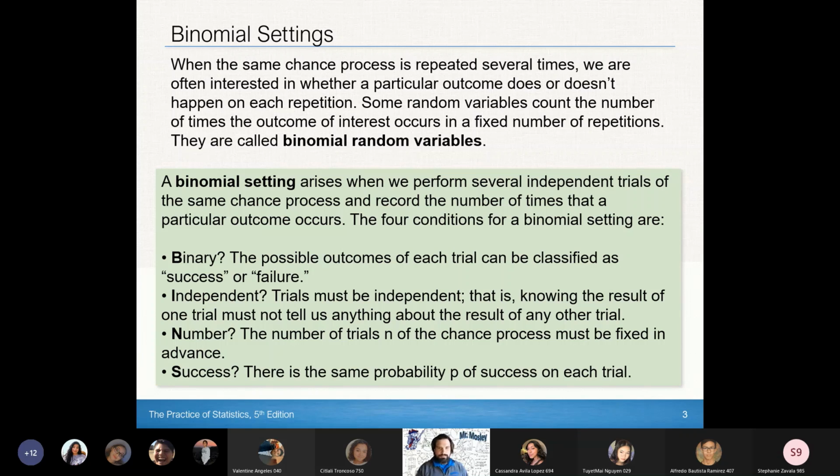So these are the conditions: binary, independent, number, and success. Lovingly referred to as BINS. So to check to see if something is in a binomial setting, we have to check our BINS. It's a nice little way to remember what to look for.